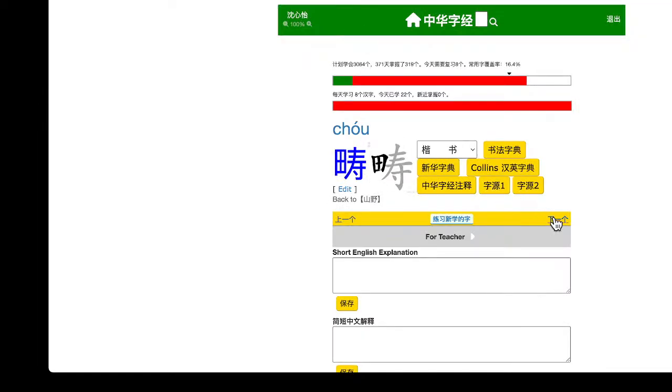Next one, 店. Now 店 means rent land from a landlord. It's called 店. This is very common in ancient China.